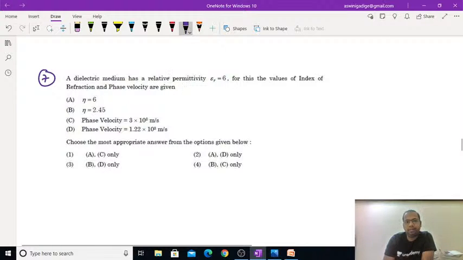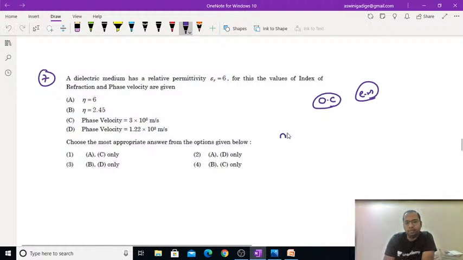So it is some kind of direct question. Coming to the refractive index, there will be a refractive index for each and every medium. We are going to discuss refractive index in optical communications as well as in electromagnetic wave propagation, both.